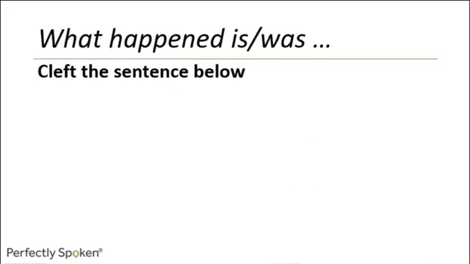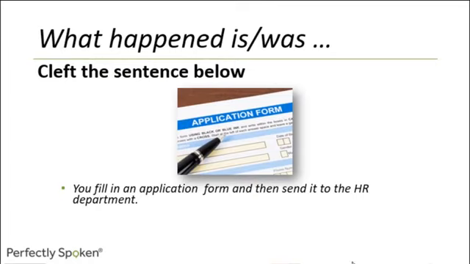Okay, so here are some more examples for you to try to change to the cleft sentence to emphasize a particular part. So you've got an application form there. So you fill in an application form and then you send it to the HR department.